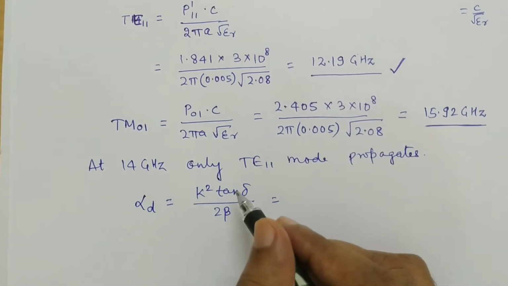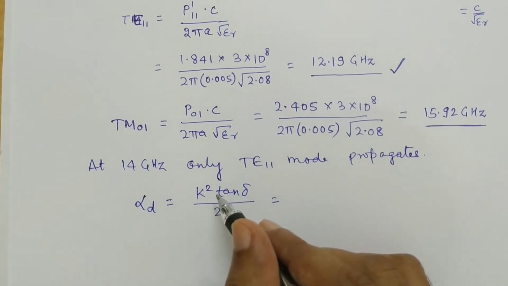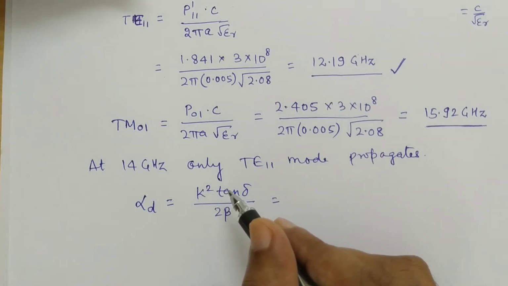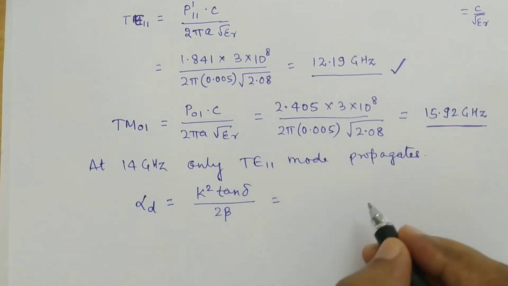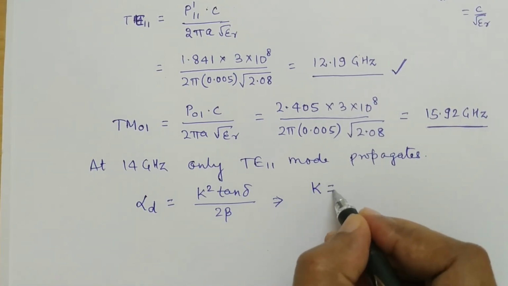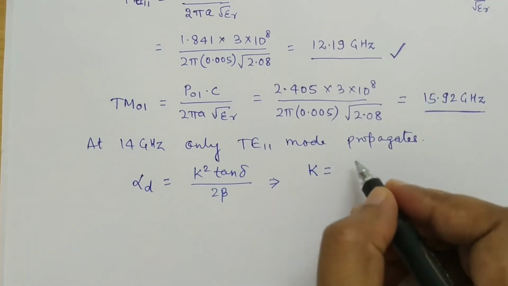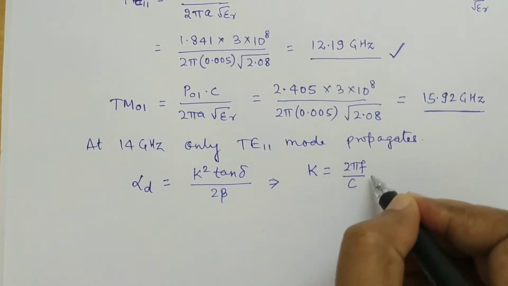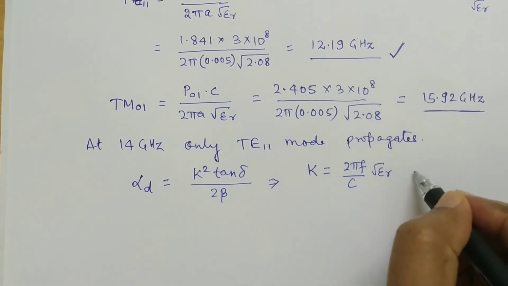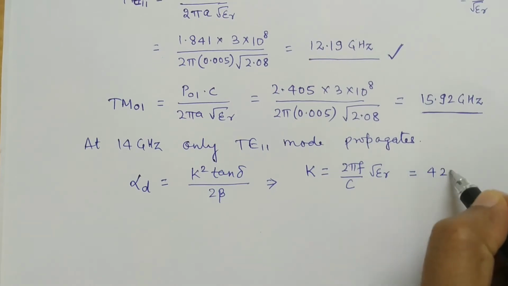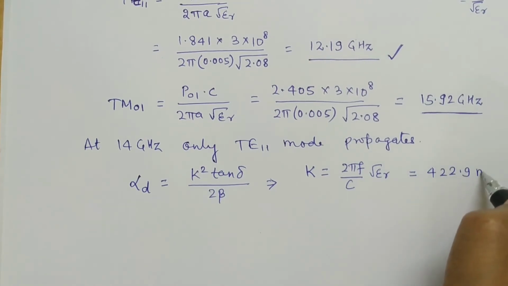For this we have to calculate the K square value, K being the wave number, and we know that K equals 2 pi F under root epsilon r by C. So first calculate K, which is 2 pi F by C under root epsilon r, and if you calculate, you will get 422.9 per meter.